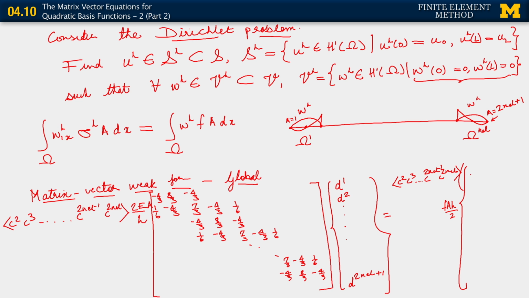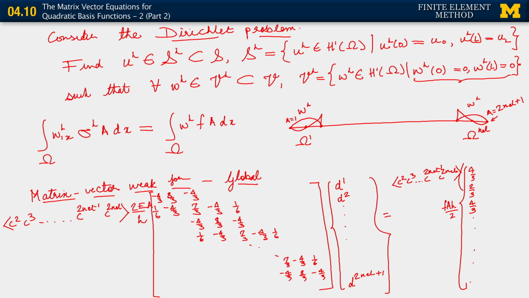And here we have 4 over 3, 2 over 3, 4 over 3, and so on until the last entry. Actually, no, we don't get the 1/3 entry here because we have only up to C2NEL degrees of freedom in the C vector.